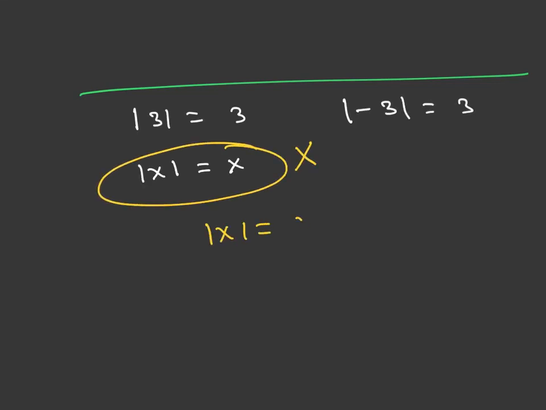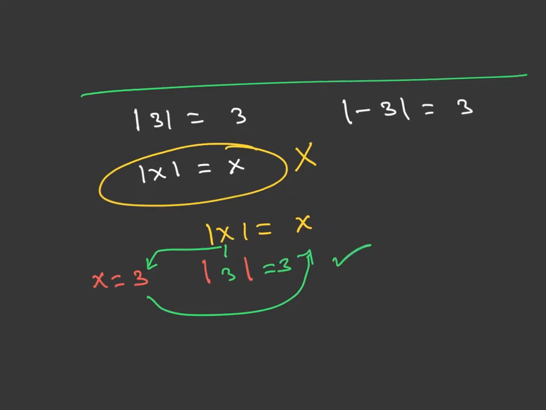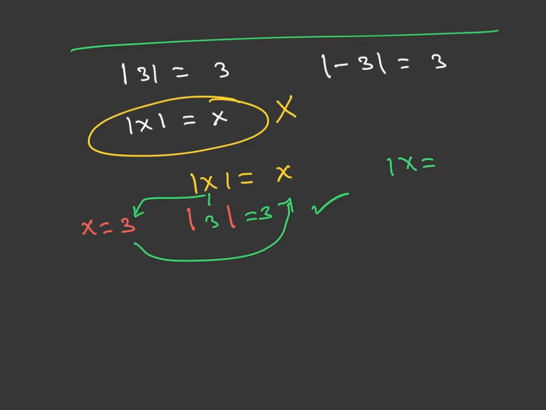You said absolute of x equals x. Now let me plug in x equals 3, and then my x value here is 3, my x value here is 3, and that's a correct statement. Now look at the other situation where x is not a positive number anymore.